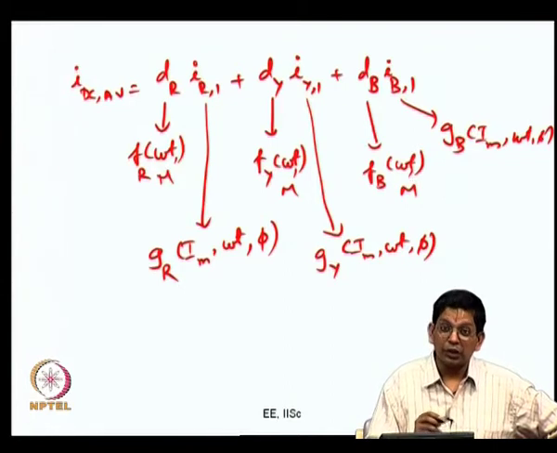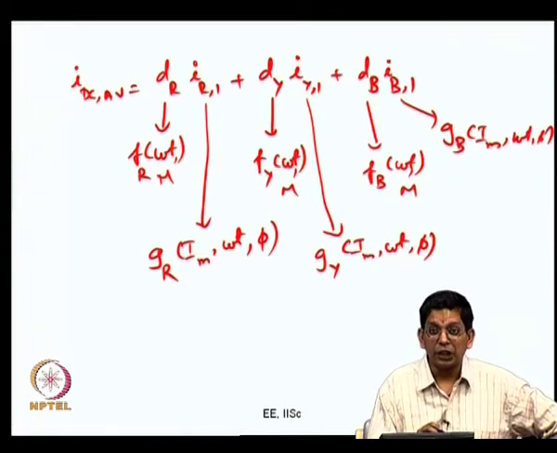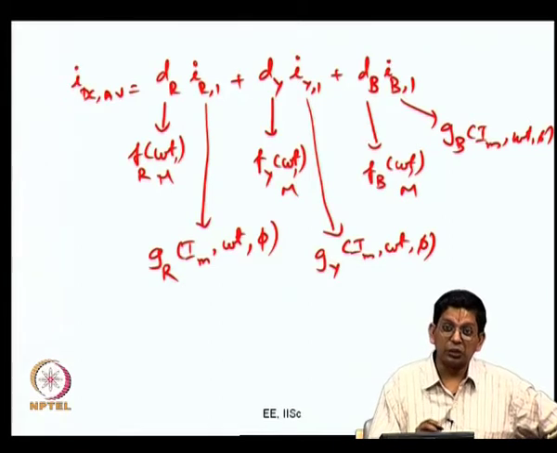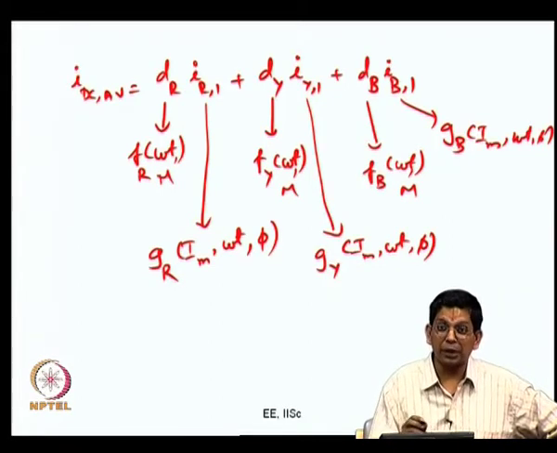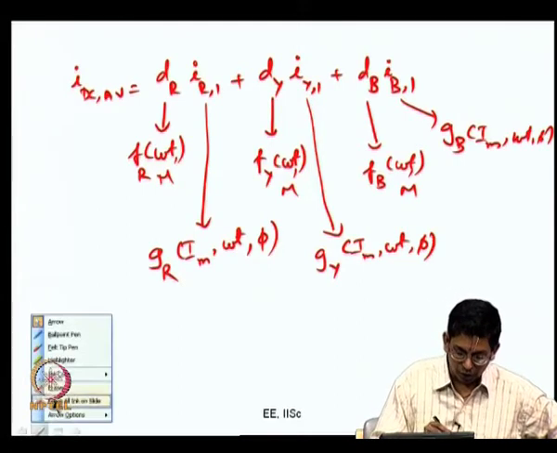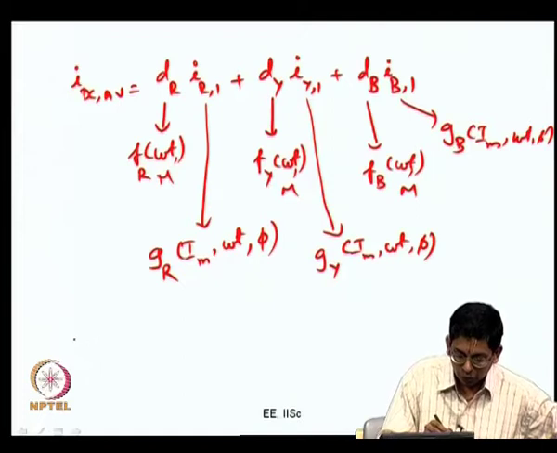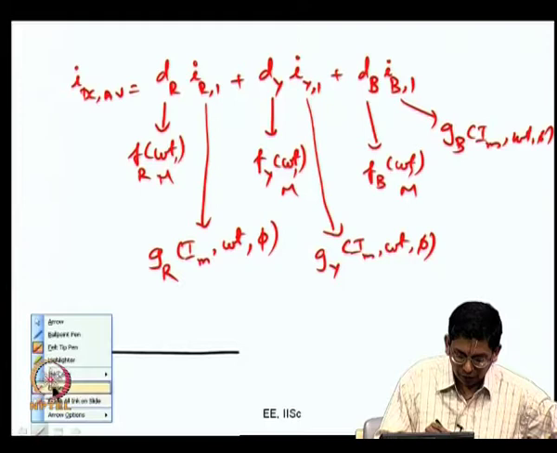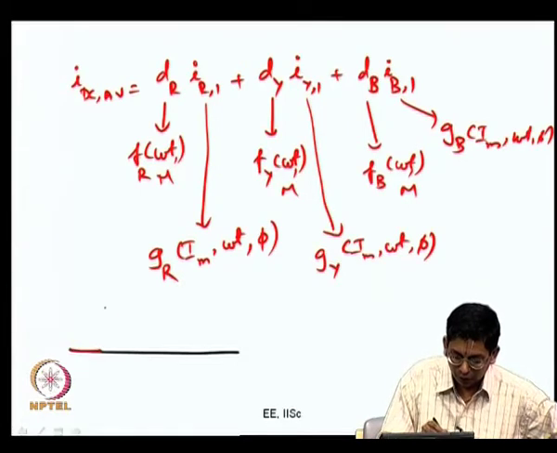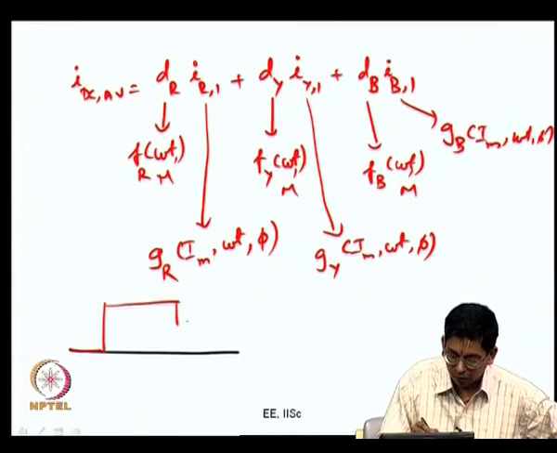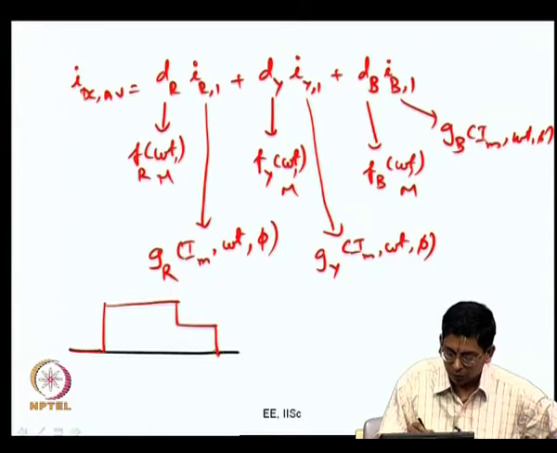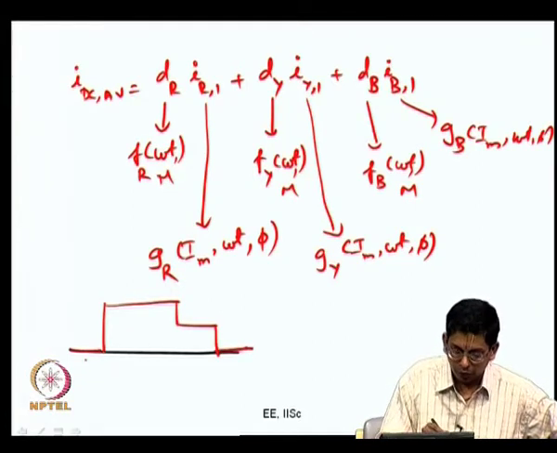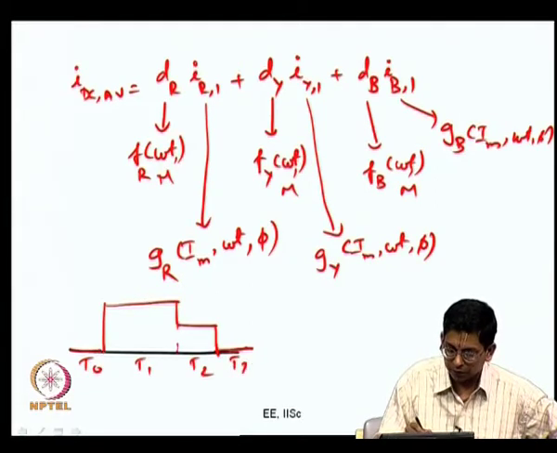Let me tell you, instead of these 3 phase modulating signals, if you go back and look at it as the inverter states rather than 3 phases separately, you look at it as a state, that is 3 phases combined together, you have that advantage now. Let me draw that for you now. So, let us say this is what you have in a subcycle, and let me say this is what you have, your T0, T1, T2 and T7.